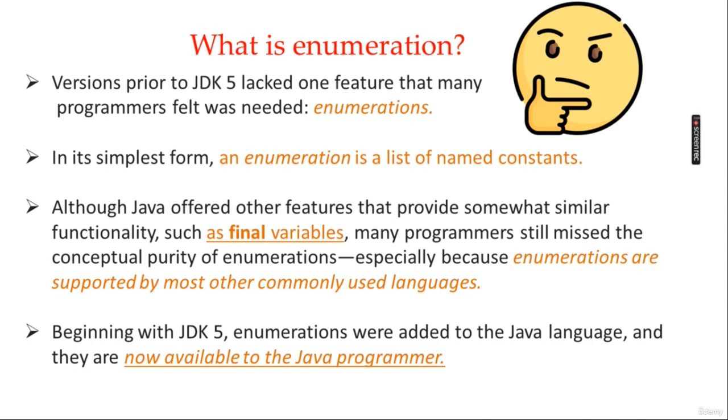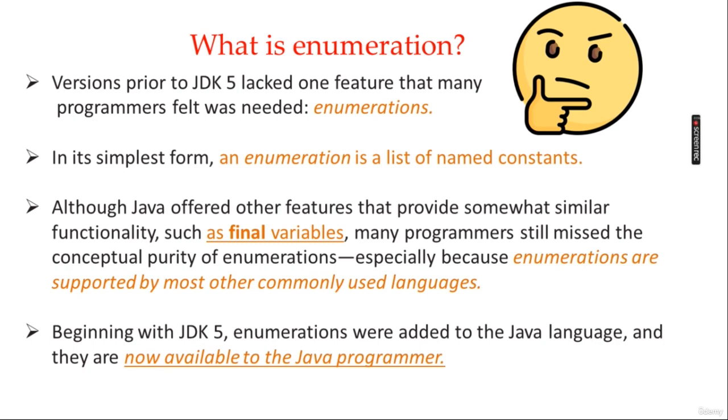So whatever constants we were creating in C and C++ using defined constants, in the same way enumeration can create a list of named constants for us. Java offered other features that provide somewhat similar functionality, such as a final variable that will create a constant. Many programmers still miss the conceptual purity of enumeration.